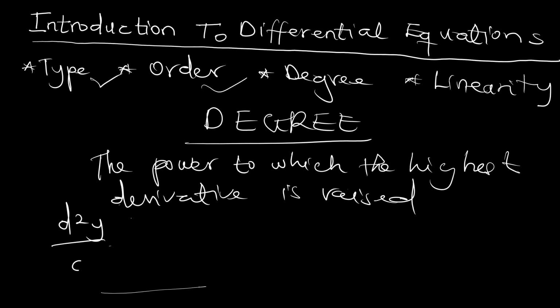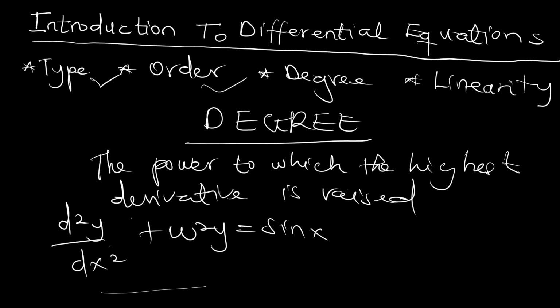When we have d squared y over dx squared plus omega squared y is equal to sine x, when you're asked to find the degree of this differential equation, what you have to do first is to locate the highest order derivative. So in this particular differential equation, the highest order derivative is d squared y over dx squared.